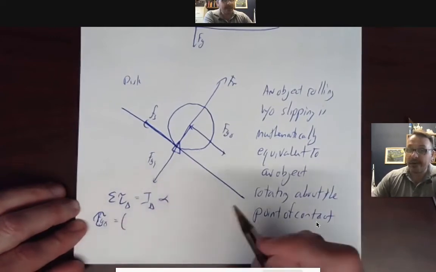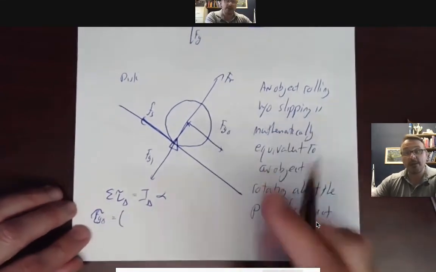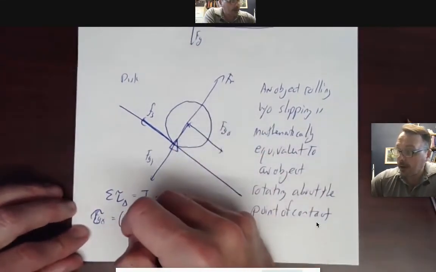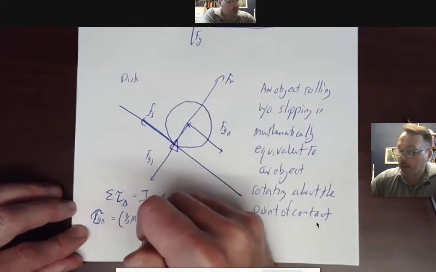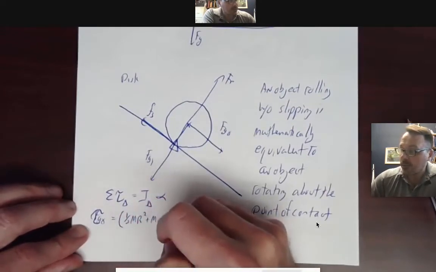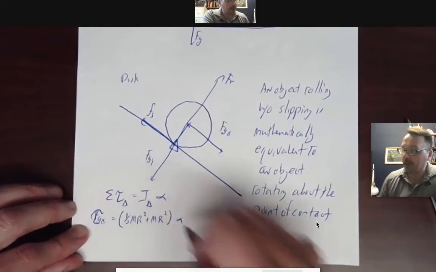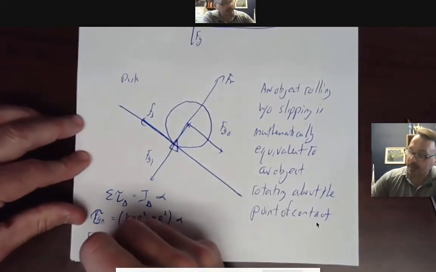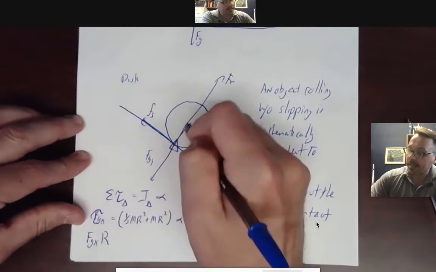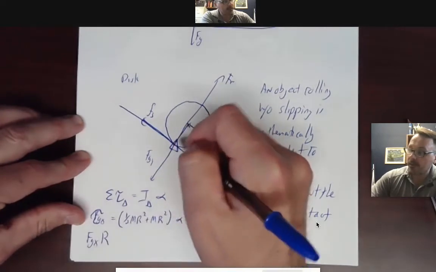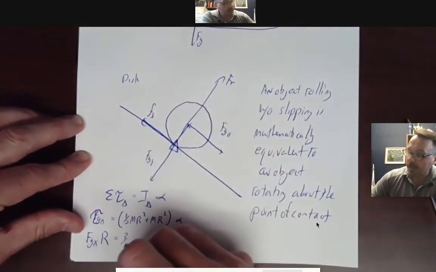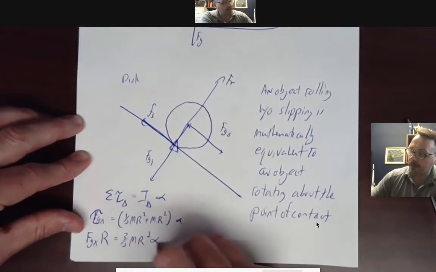This I here is no longer the center-of-mass I. I have to use the parallel axis theorem about the point on the edge. So that's 1/2 mr squared plus the shifting factor, which here is mr squared, times alpha. And that becomes Fgx times r, because that's the lever arm distance, which equals 3/2 mr squared alpha.